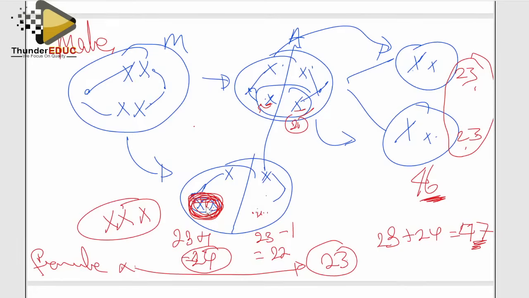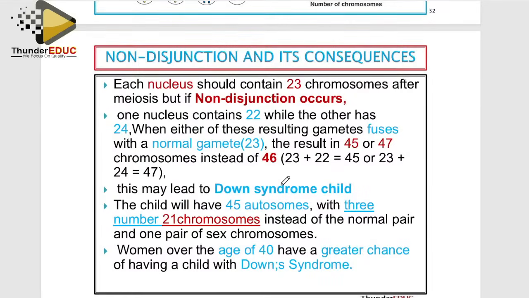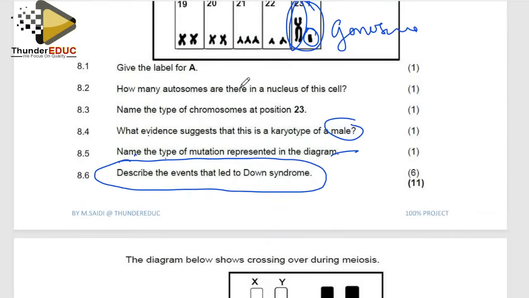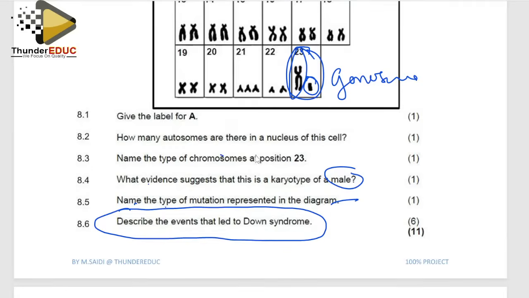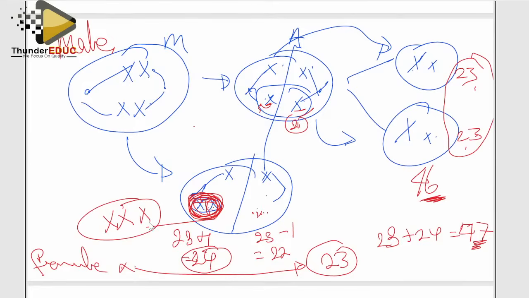And because it is happening on chromosome number 21, therefore we're going to call it trisomy 21. Remember, tri means 3 and zome means a body, so it's a body made up of 3 chromosomes of the same kind.